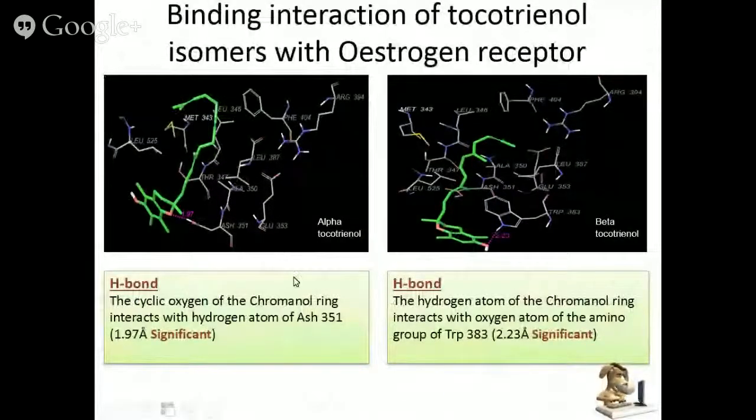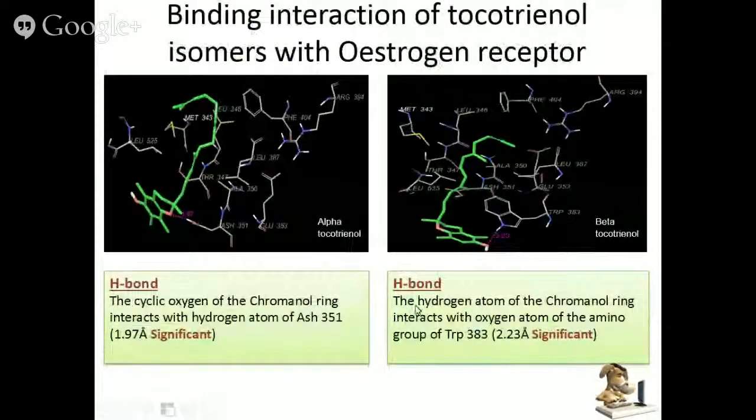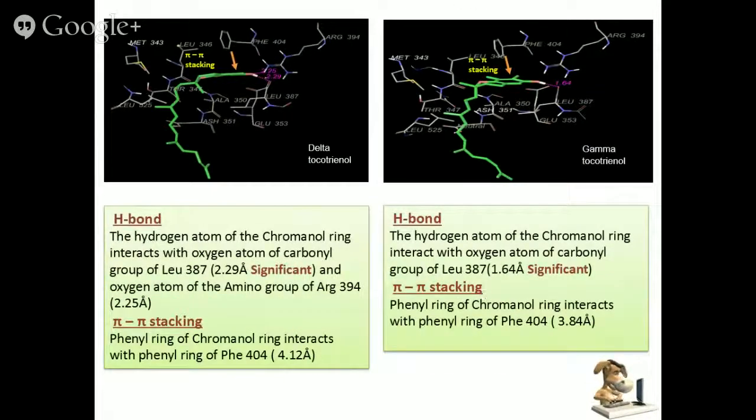With estrogen receptor, we can see also the cyclic oxygen of the chromanol ring is binding with aspartate 351, and also in beta tocotrienol, a significant hydrogen bond is found between the hydroxide group of the cyclic oxygen and the carbonyl group of tryptophan 383. In delta tocotrienol we can find pi-stacking, and in gamma tocotrienol we can also find pi-stacking.